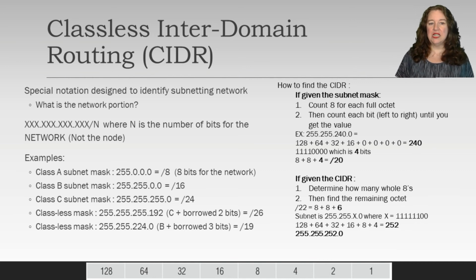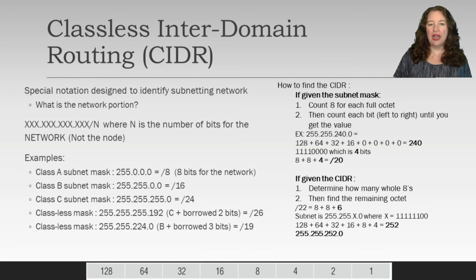You're going to see on the next page the actual table of CIDR. But the way to remember how to calculate if you are given the subnet mask, like 255.255.240.0, we need to figure out how many bits are in 240.